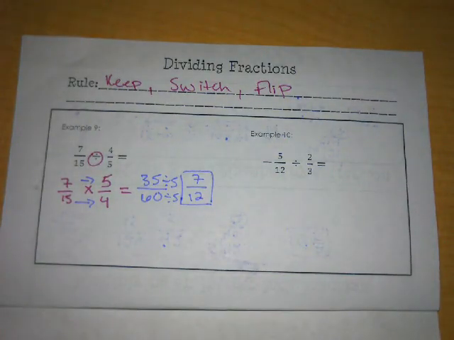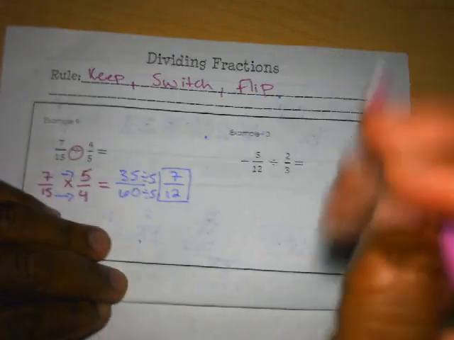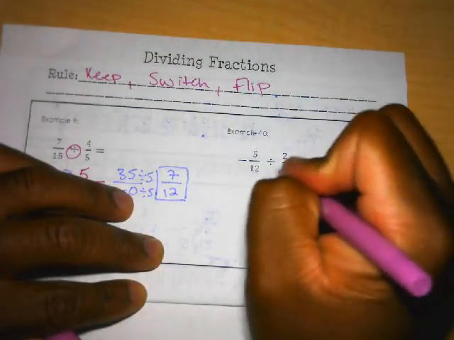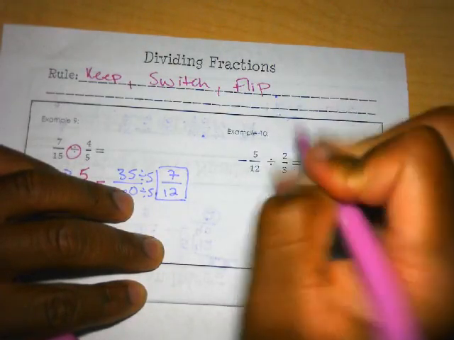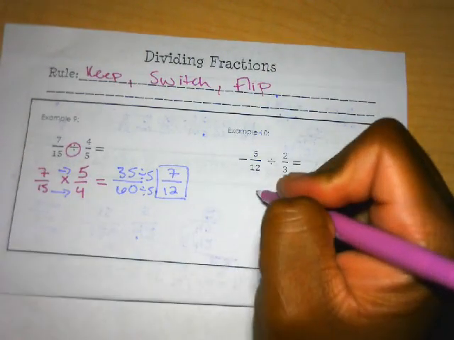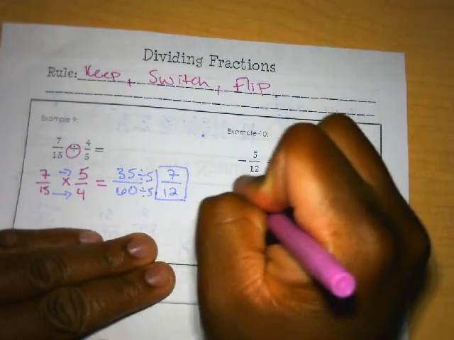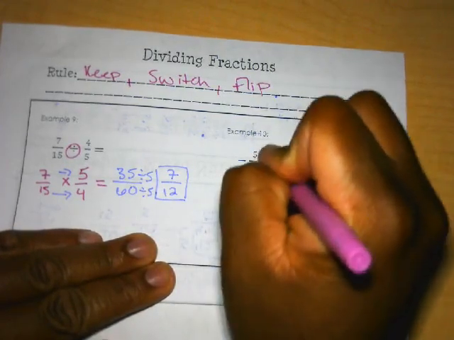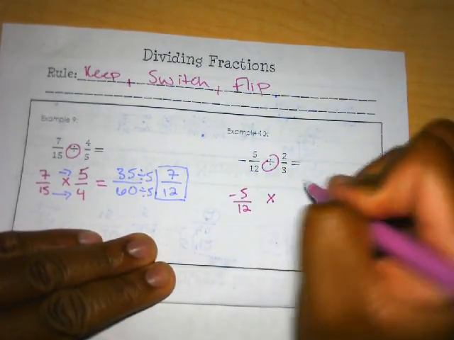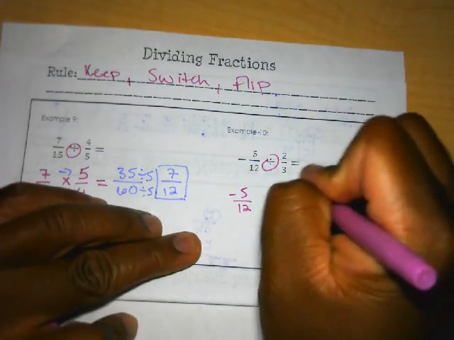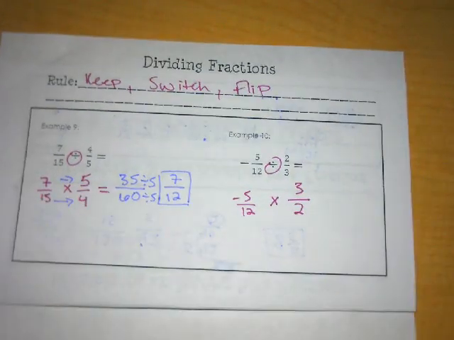Okay, so the same thing for this second example. We have -5/12 divided by 2/3. We're going to keep the first fraction, so we keep -5/12. We switch the operation to multiplication, and then we flip the fraction to 3/2.